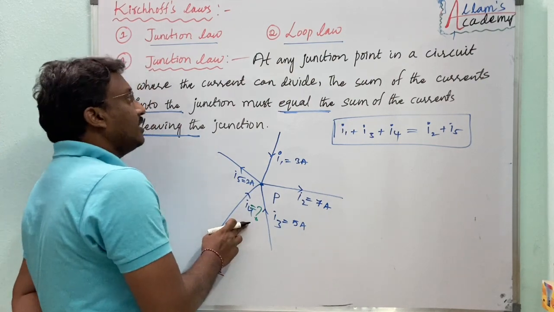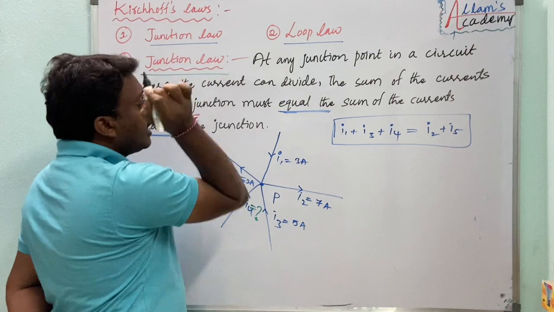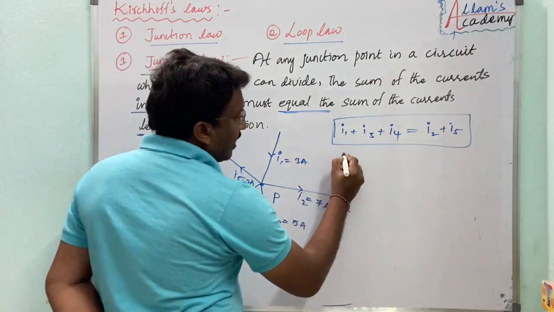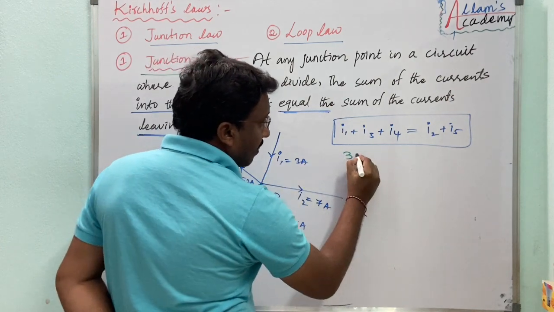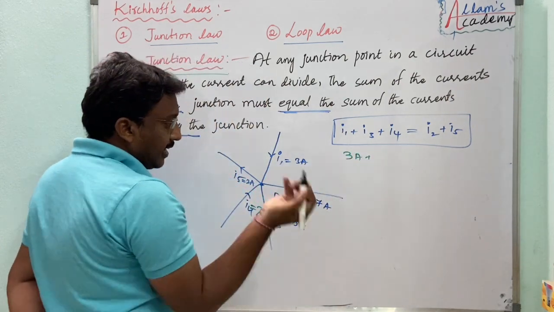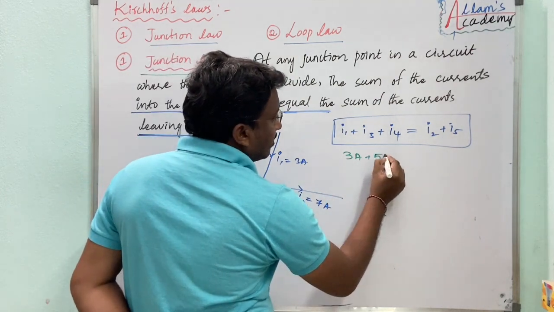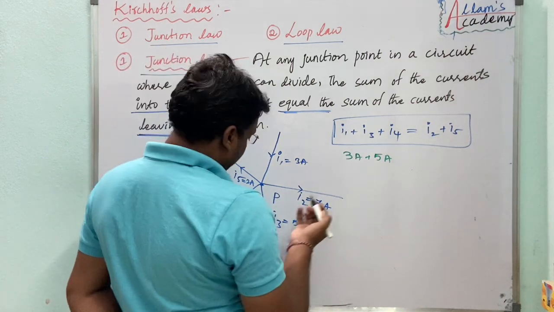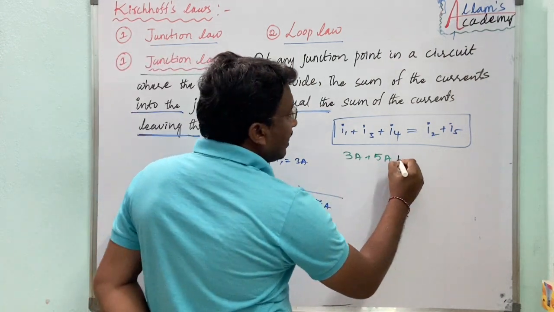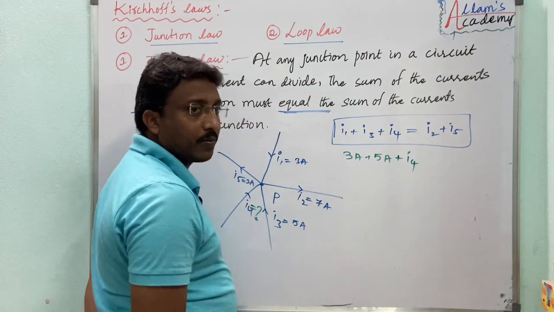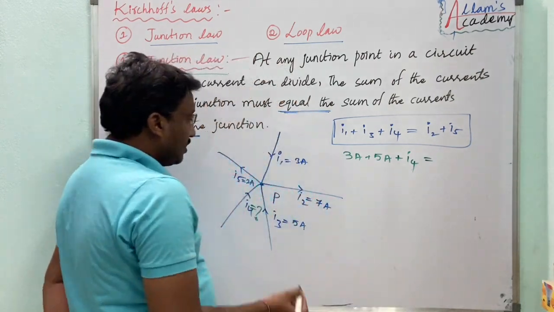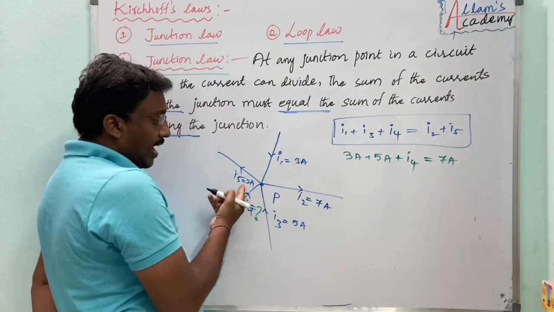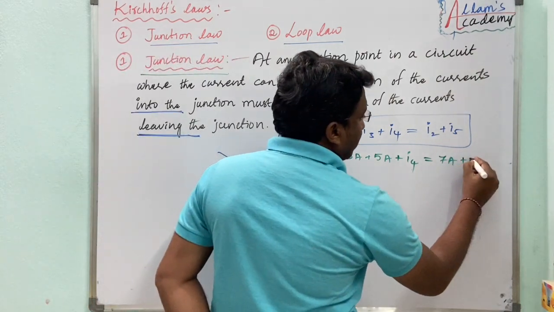Sir, how will we find it? Through the junction law. Incoming currents: I1 is 3 amps, plus I3 equal to 5 amps, and I4 we don't know, that's equal to I2 equal to 7 amps and I5 equal to 2 amps.